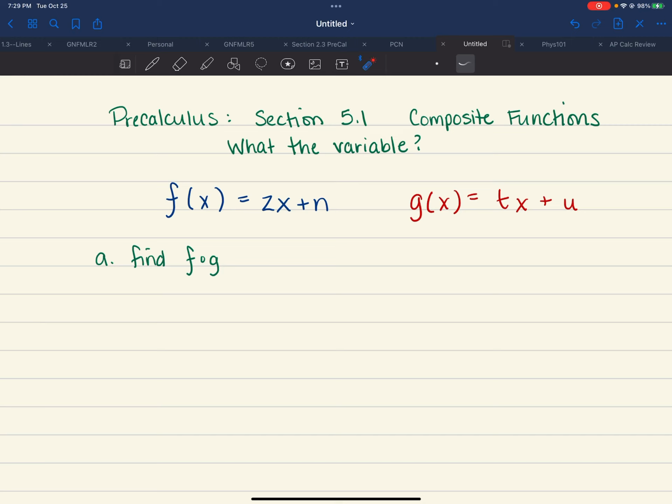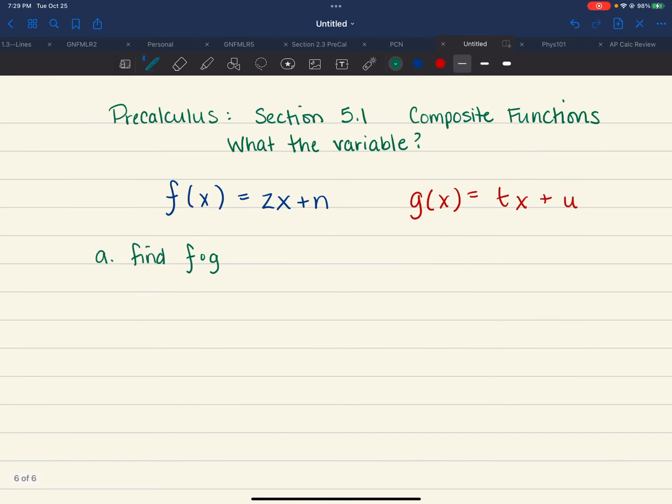Okay, so we're going to walk through the process of finding f of g of x. And we know that that is going to be equal to f of g of x this way. So I have that outer shell, that's going to be this one.